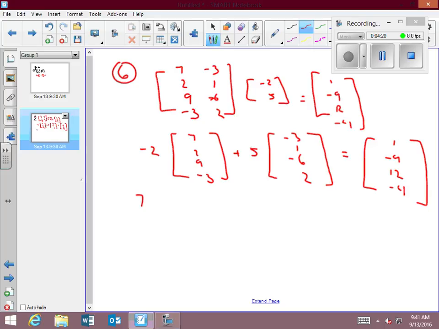So you get 7 minus 2 times 5. And then this row times that column, that row times that column. So then when you get done with it, the 2 comes out of this vector and 5 will come out of that vector. Going from matrix to vector.